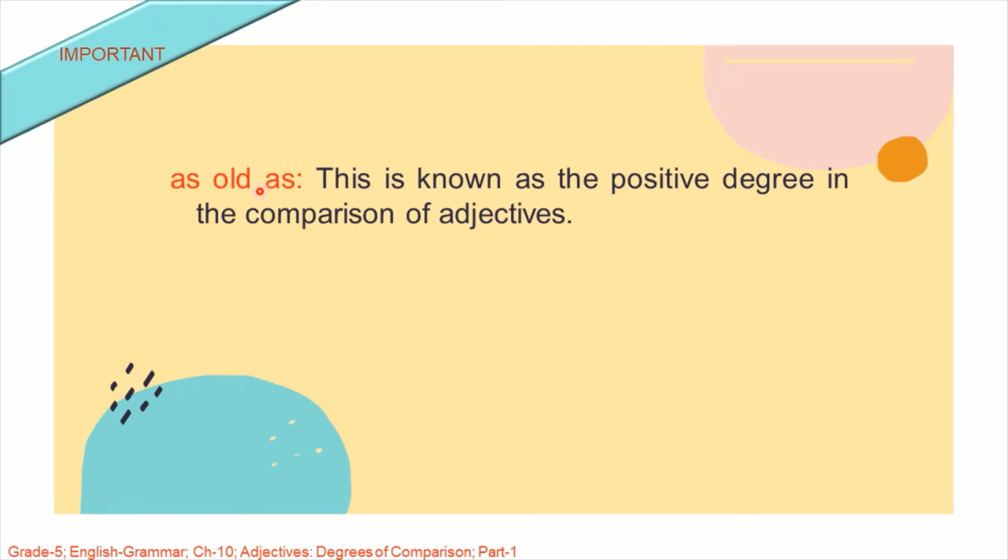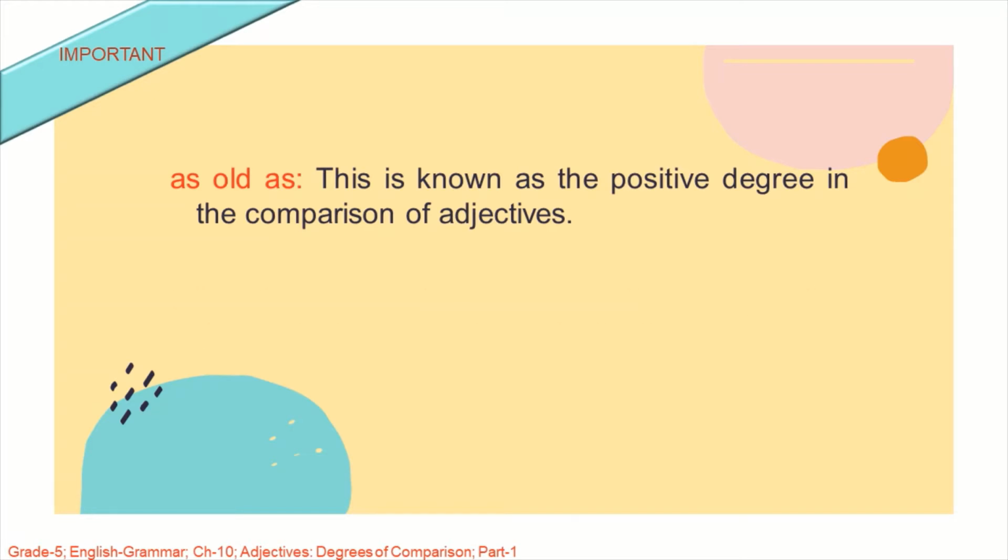This you have to remember. This is a very important point. The phrase as old as is used in the positive degree of comparison when we are comparing adjectives, and it means we are talking about one item, one group, or a person.